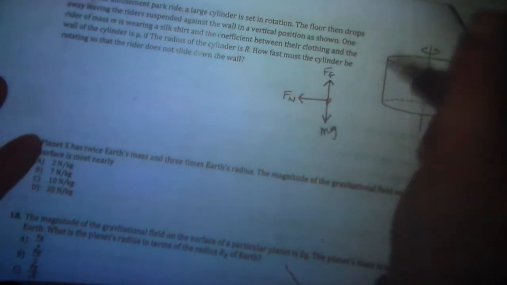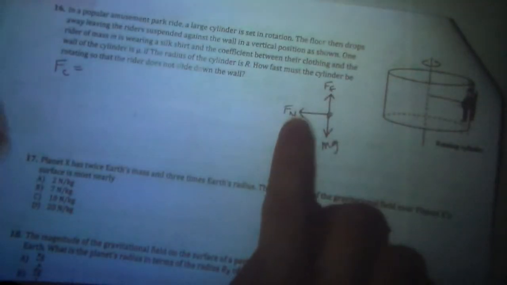We're going to write a net force equation, but it's something moving in a circle, so we'll call it the centripetal force equation. The centripetal force is provided by the normal force here, and these two are balanced because he doesn't slide up or down, so f equals mg, so that's mu Fn equals mg. Centripetal force is mv squared over r.